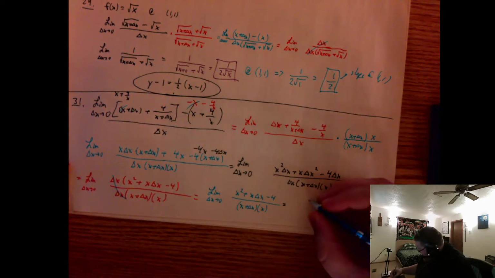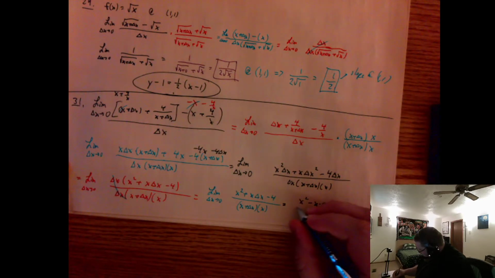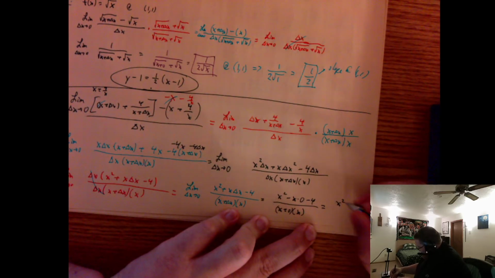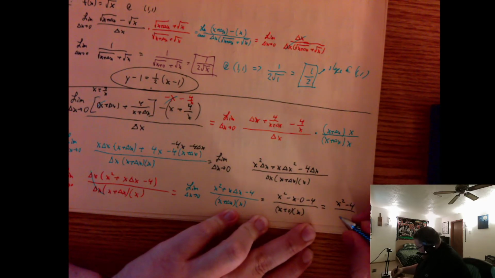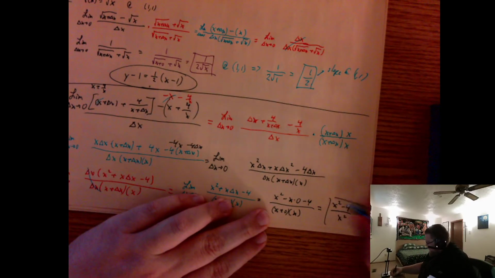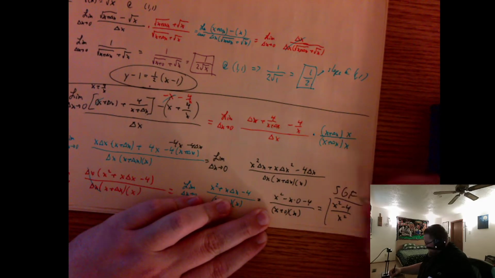I end up with x squared plus x times 0 minus 4 over x plus 0 times x. And this ends up becoming, on top we have x squared minus 4. On bottom we have x times x, which is x squared. Which means this is my slope generating function.